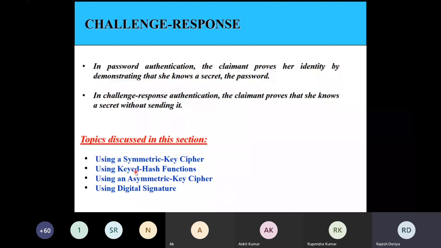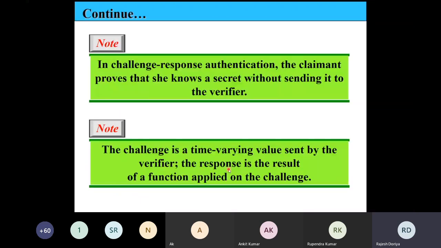As explained earlier, in challenge response authentication, the claimant proves that he or she knows the secret without sending it to the verifier. The challenge is a time varying value, meaning whatever value is being sent is going to change with time. And the response is the result of a function applied on that challenge. So we are going to see how exactly it happens.